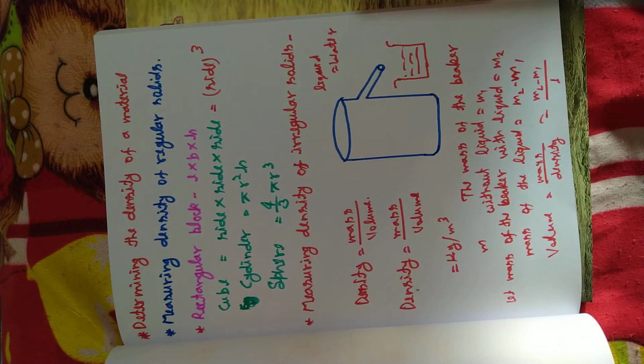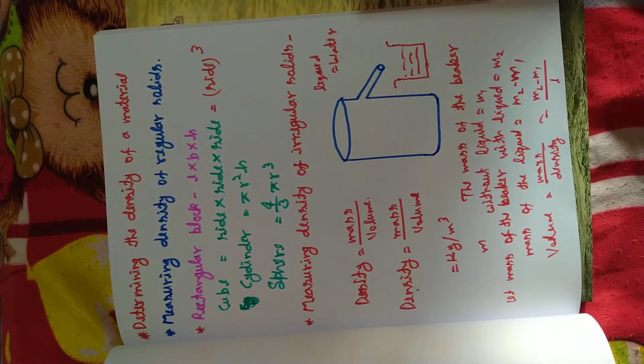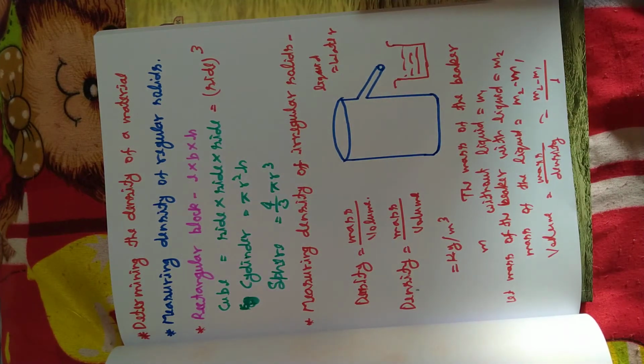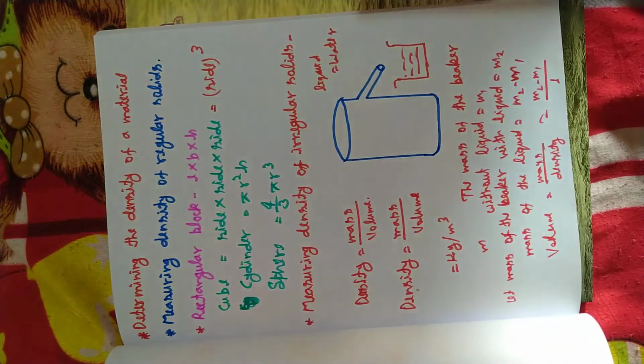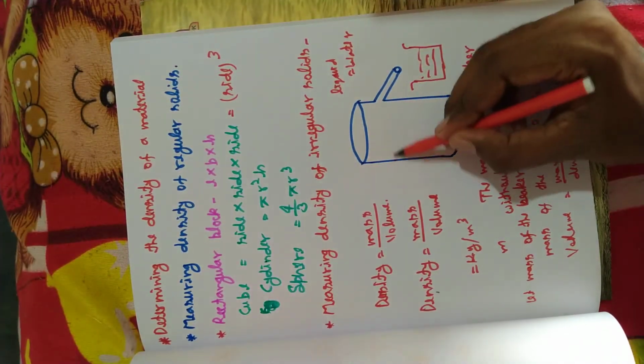Now you can find the volume of the solid directly by pouring the water that overflowed into a measuring cylinder. To find the density of the irregular solid, we divide the mass of the solid by this volume. We can easily find the density of irregular solids using the Eureka can method. First of all, fill the Eureka can.